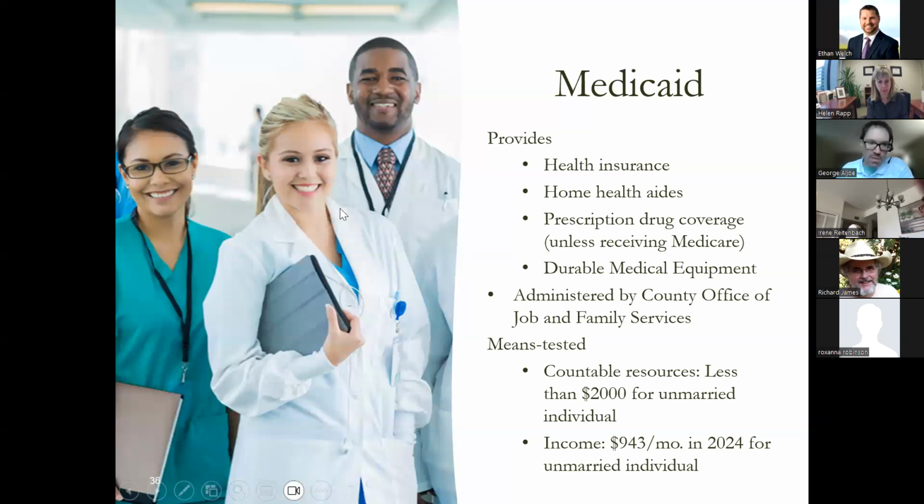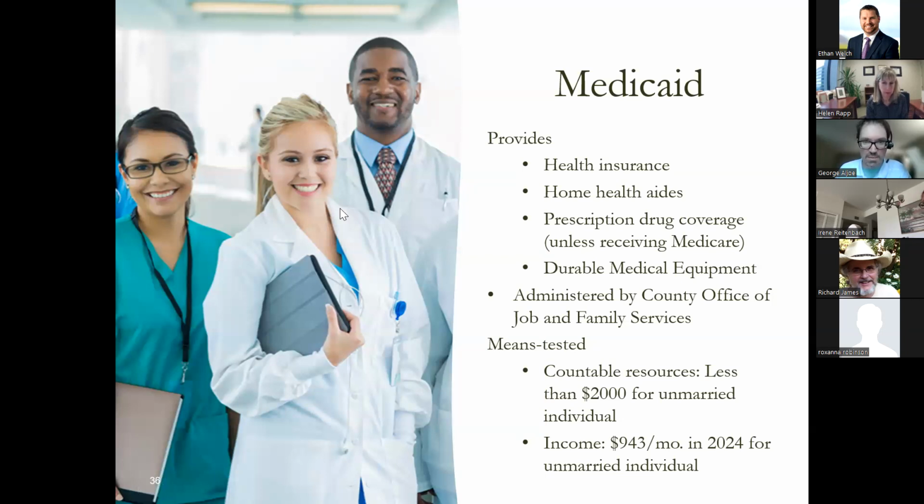So we're going to talk about what Medicaid benefits there are, how they work a little bit, as well as things like Medicaid waivers and other programs, including Medicaid buy-in for workers with disabilities. So basically, Medicaid provides health insurance, medical assistance. That's primarily what it is for.